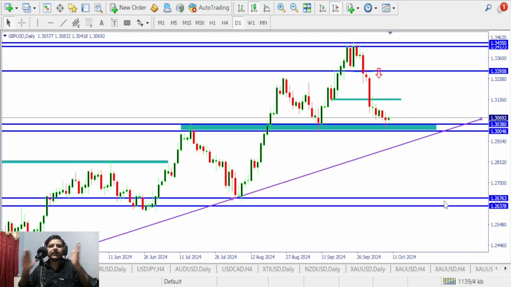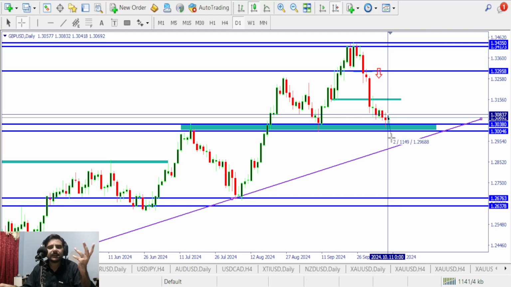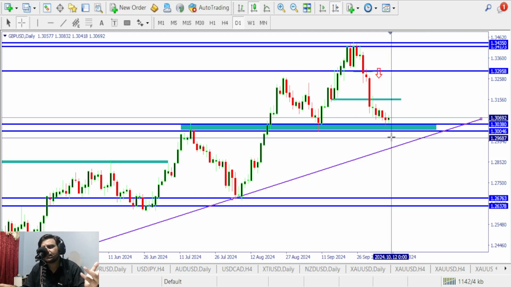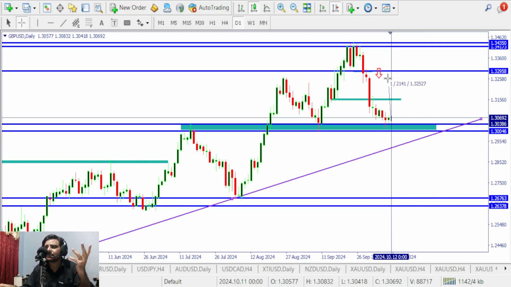This is the market, and someday the market has to come back down to this particular zone, because I ran all of the analysis previously, and I know all of the levels. This is a buy level, so obviously if a daily candle closes below this, then definitely the market is coming back down 400 pips.